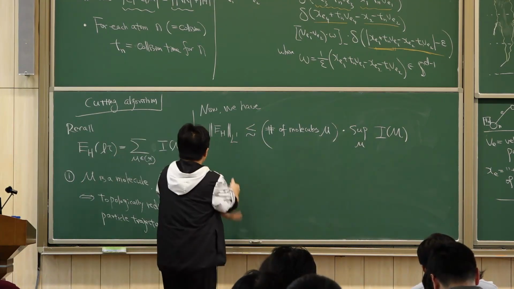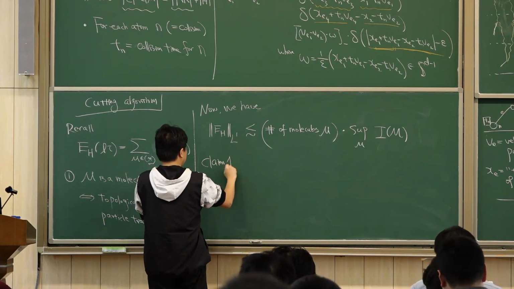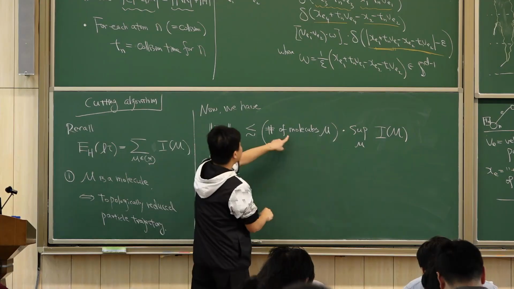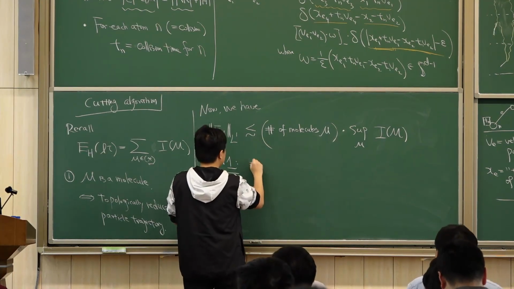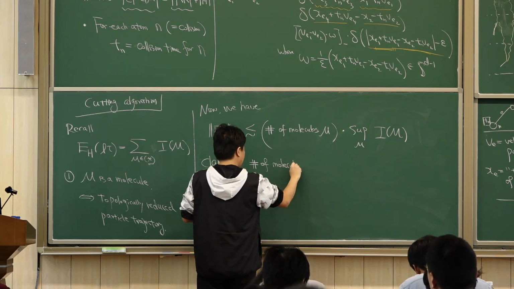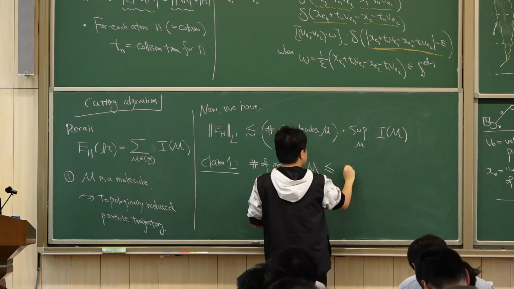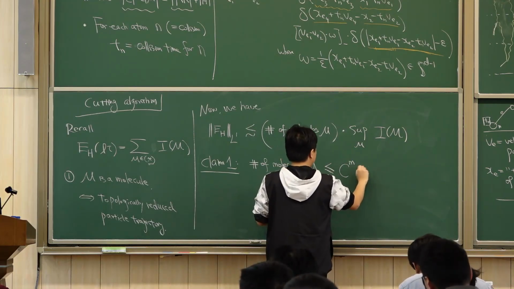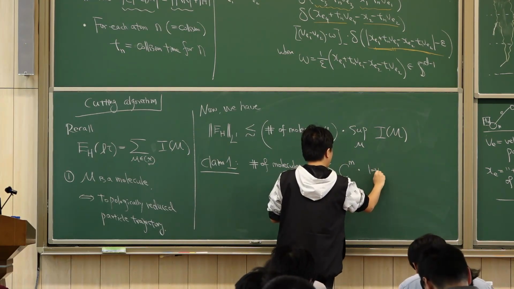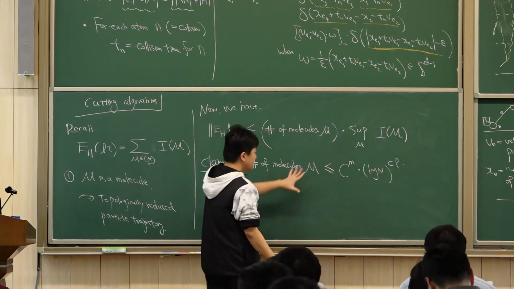So then we have the claim. One, the number of molecules is less than C to the m times log n to the C rho, where C is a constant.